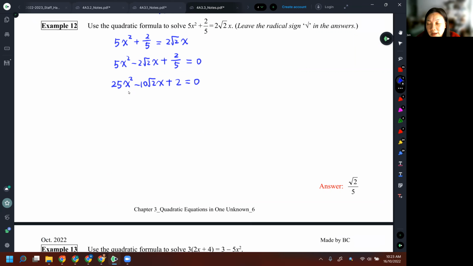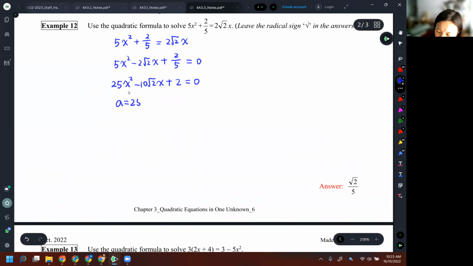This is because when I use the formula, I don't want to use fractions in it, as the formula itself is very complicated already. So in this case, A equals 25, B equals negative 10 root 2, and C equals 2. Now you don't have to write these.